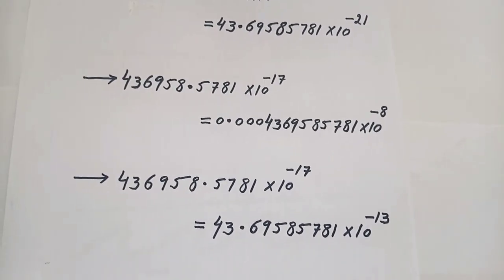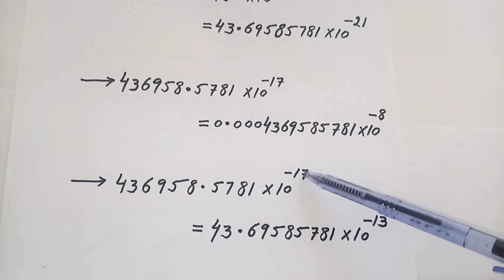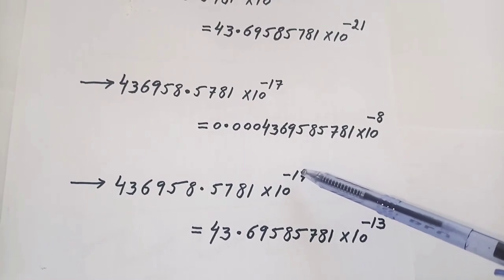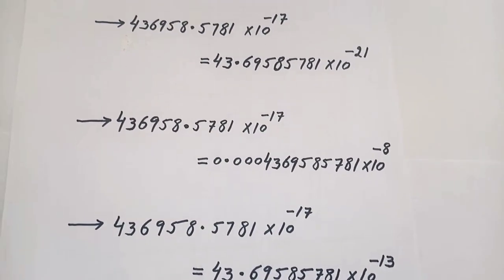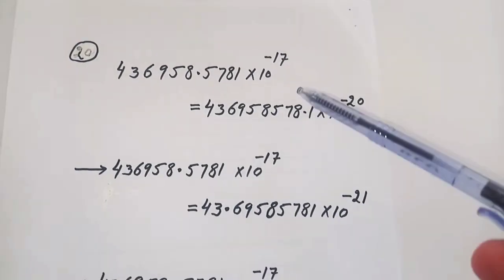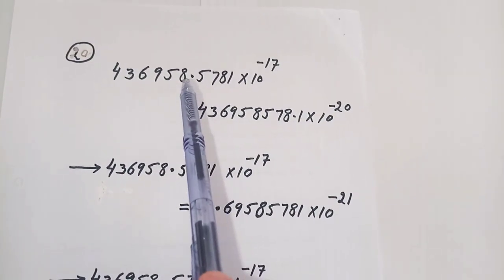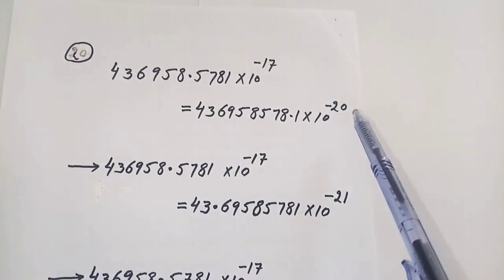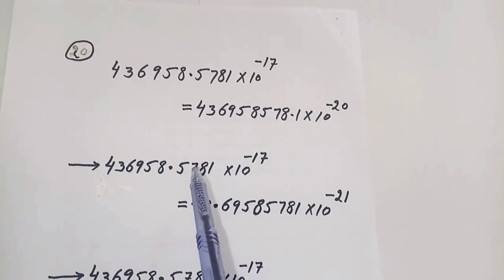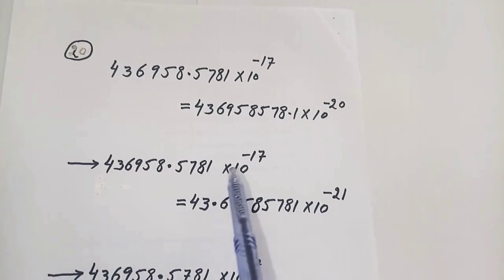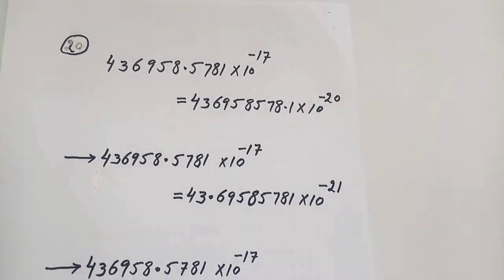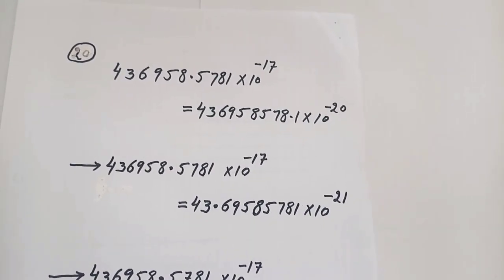So here in this case the power is negative. How is the negative power changing? You can see in these cases. If the point is shifted in this direction, then the power will go up, and if the point is shifted in this direction, then the power will go down. You can see like this.